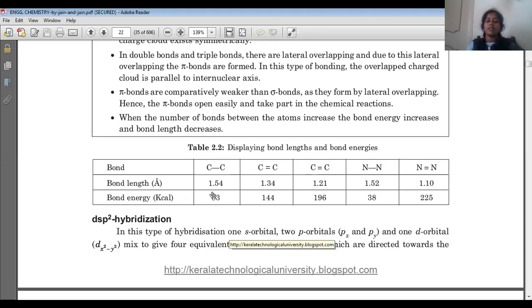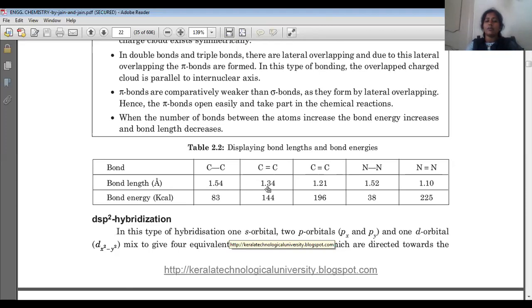The carbon-carbon single bond in sp3 hybridization is 1.54, and the sp2 double bond is 1.34, always shorter than a single bond. The triple bond is shorter still, 1.21. So as the bond order increases, the bond length decreases.